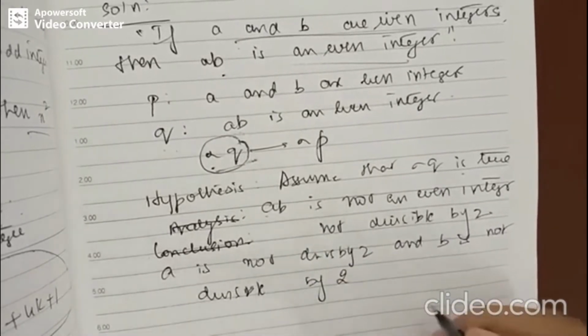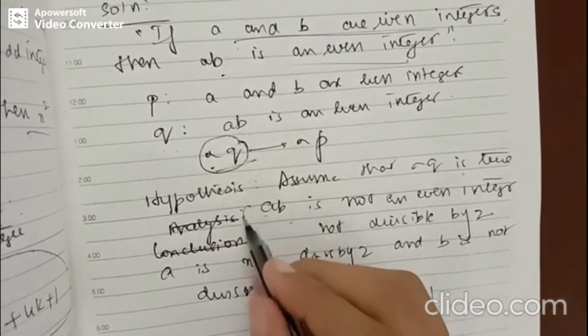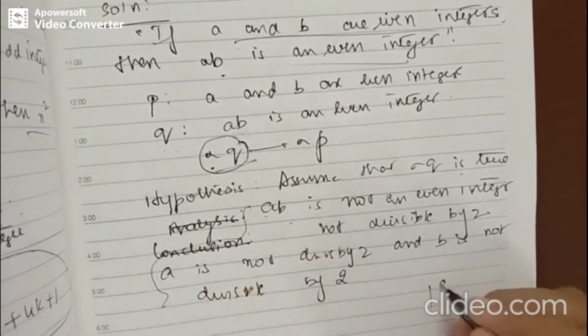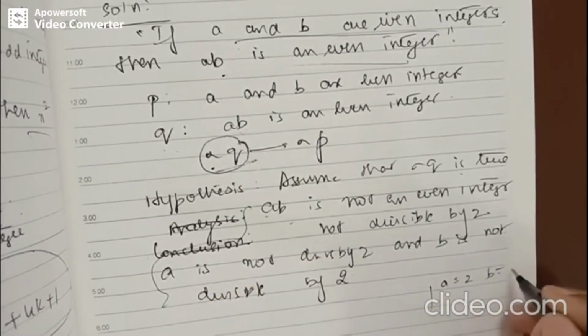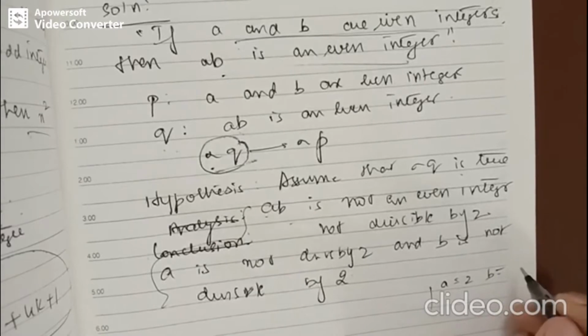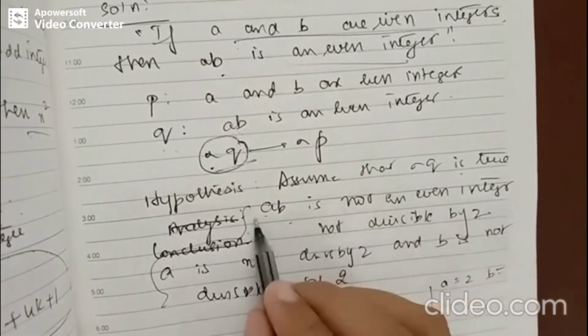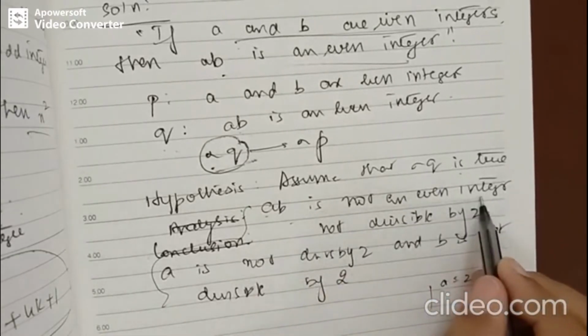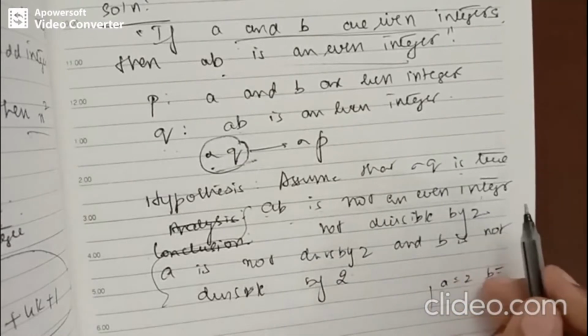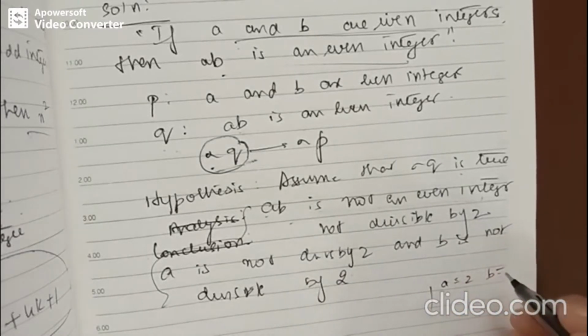For example, if I want to demonstrate this instance, you should take it in such a way that it is not an even integer.